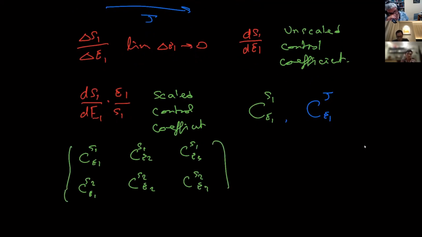It works like that. So that's S1, S1, S1, E1, E2, E3, S2, S2, S2, E1, E2, E3. Okay, that's how it's arranged. So this is the matrix then of perturbations, right? As I said, it turns out the sum across the rows is 0.